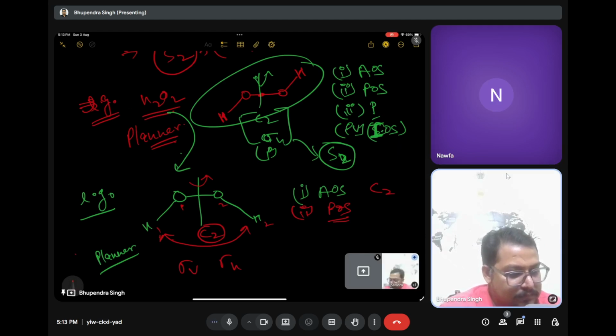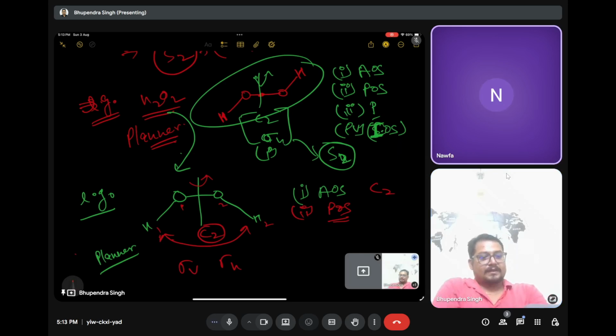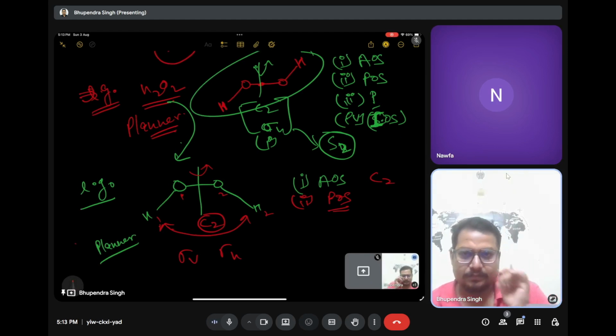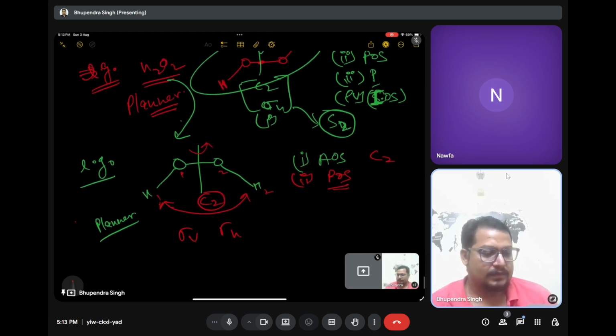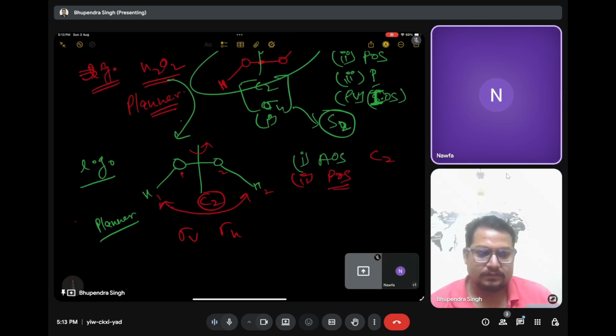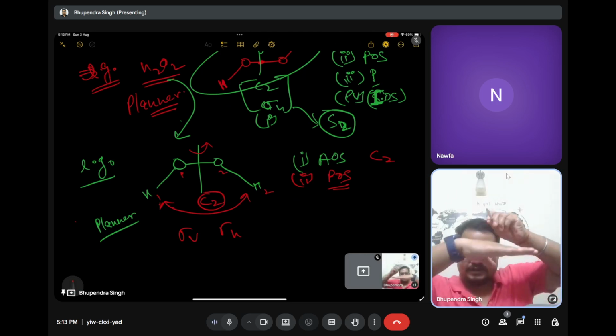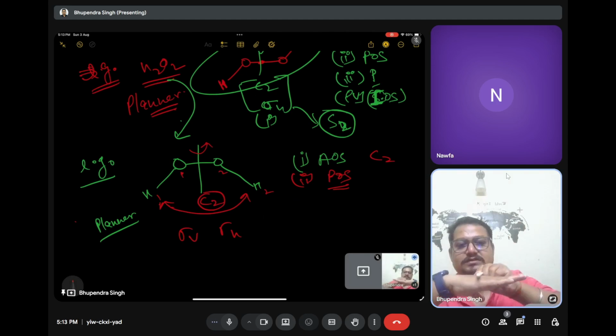Actually, let's see how many C2 axes are present here in this case? Only one. Let's say this is your planar molecule and one axis. This is your C2 axis, and only this C2 axis is present.